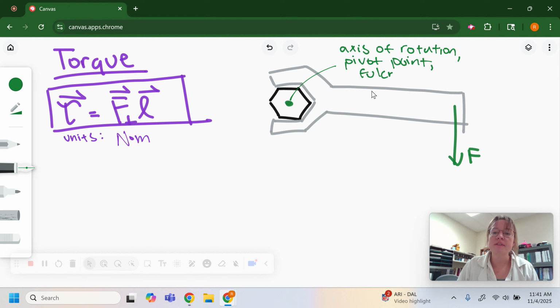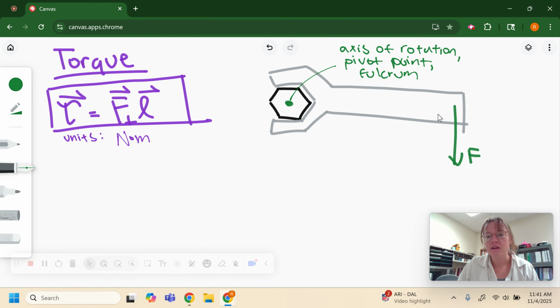All three of these words can be used in slightly different ways. There are slight nuances between the three of them, but we will use them somewhat synonymously. It just means the point that the object is going to spin around. So we call it the axis of rotation, the pivot point, or the fulcrum. It's what that object is going to move around.